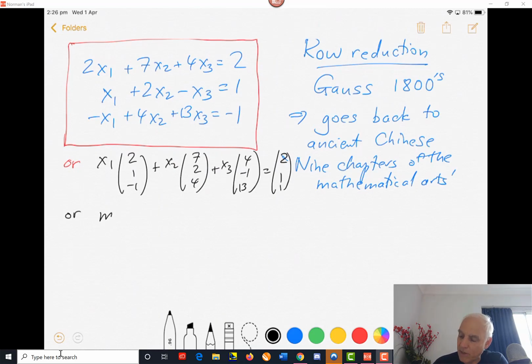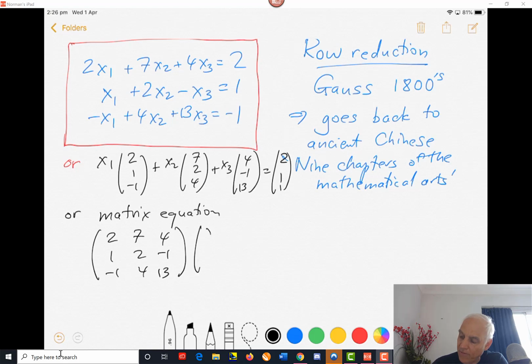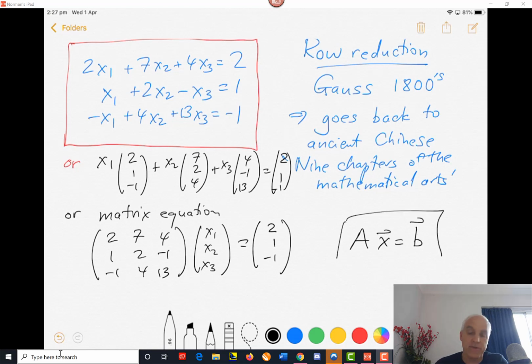The matrix equation is in terms of a 3 by 3 matrix, (2, 7, 4), (1, 2, -1), (-1, 4, 13), also in terms of a vector of variables, x1, x2, x3, equals, on the right-hand side, our vector of constants, (2, 1, -1). That's a minus 1 there. Okay, so that's now in the form that we often write Ax = b, which is quite attractive.